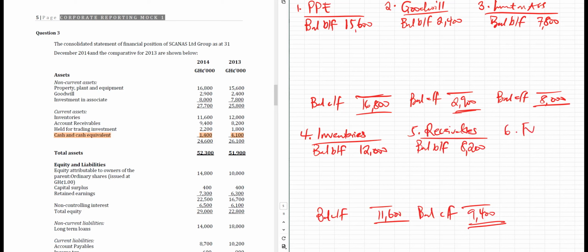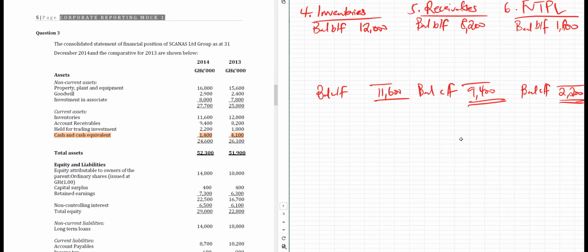What follows? Number 6, held for trading investments, fair value through profit or loss. That's what we call it now, right? How much? 1,800, then it became 2,200. Good. Working number 7, cash and cash equivalents.